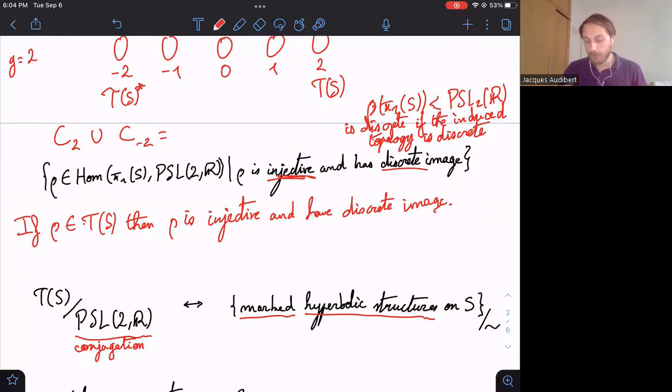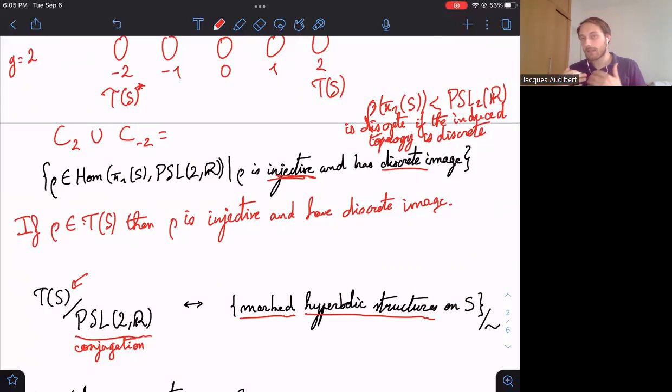We came from the point of view of just morphisms, and we now have the space of hyperbolic structures, and we have more than that. By this identification with the space of marked hyperbolic structures, we can now understand what it means to converge, because on Teichmüller space we know what it means to converge.